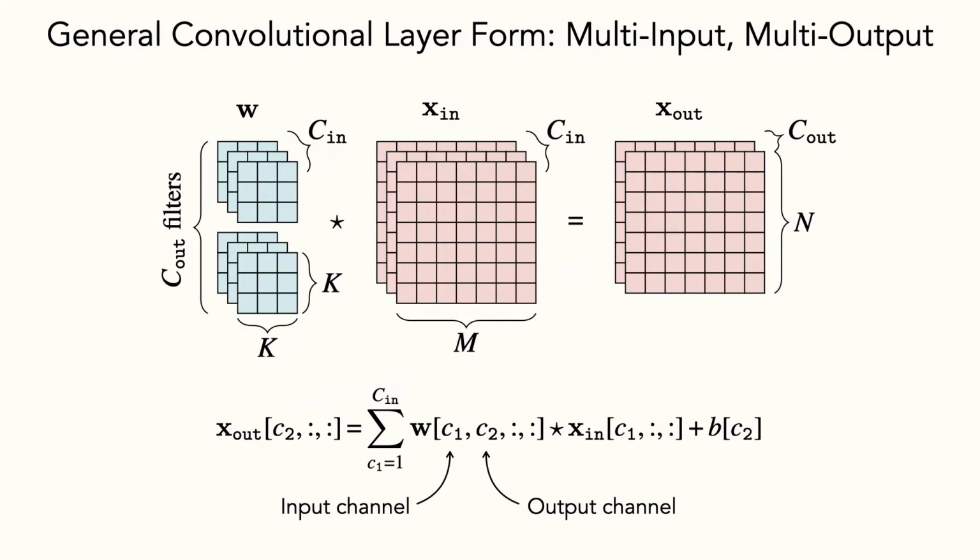You can generalize this, and in most of our convolutional layers in deep learning, we have multi-input and multi-output functions. Your output is going to have some number of dimensions or feature channels.